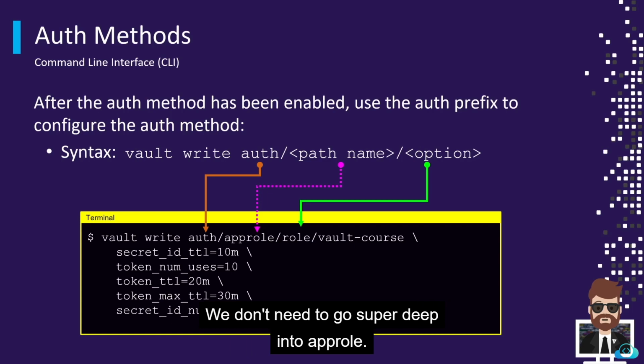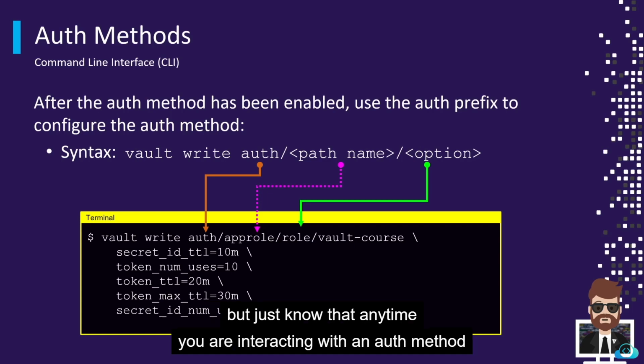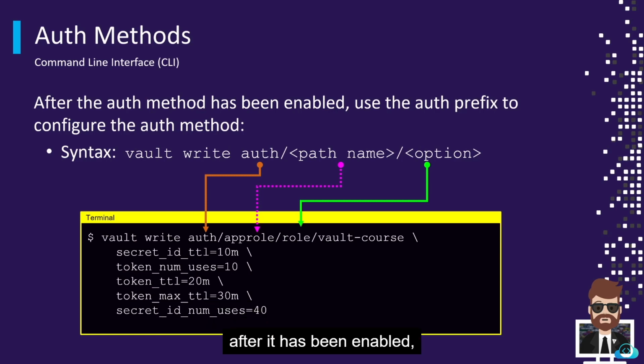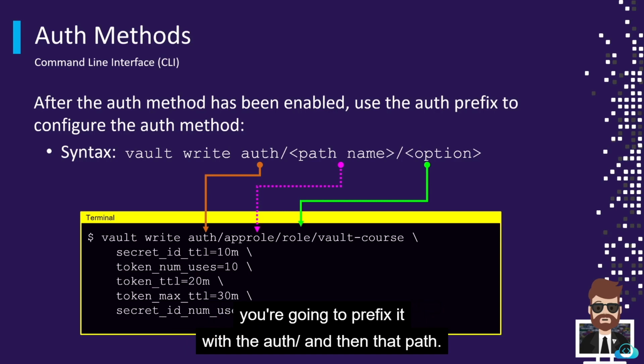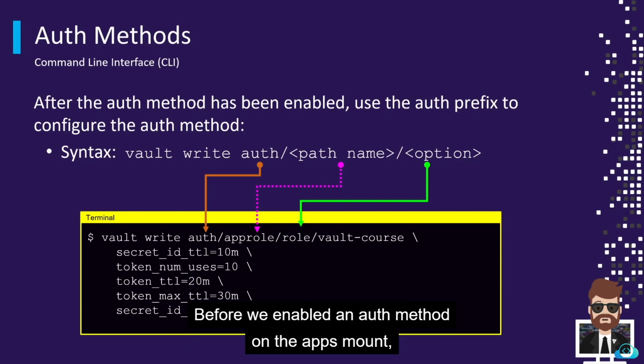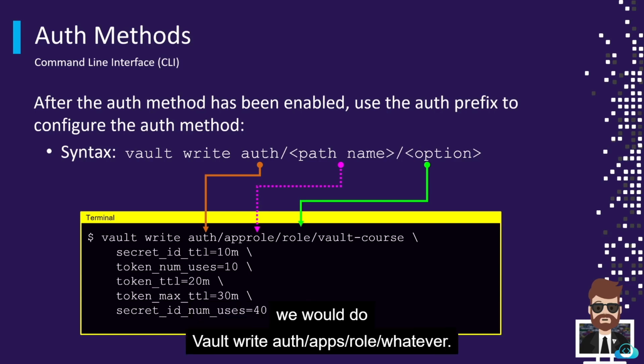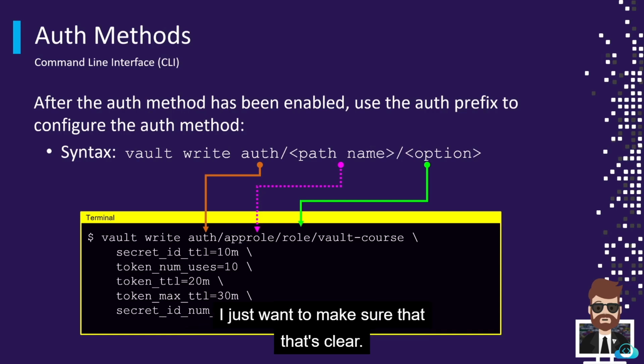And we don't need to go super deep into approle. That's not necessarily the point of this slide here, but just know that anytime you're interacting with an auth method, after it has been enabled, you're going to prefix it with an auth slash and then that path. So if we enabled an auth method on the apps mount, we would do vault write auth slash apps slash role slash whatever. So just want to make sure that that's clear.